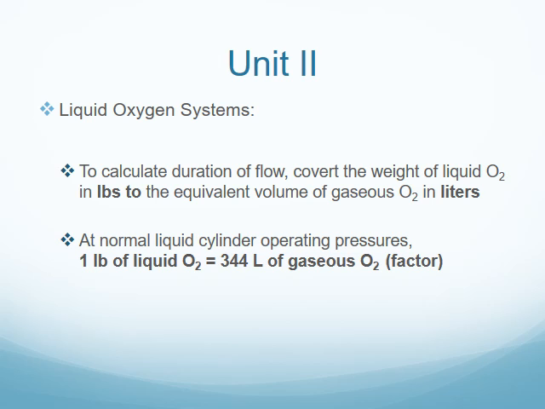First, to calculate the duration of flow, you're going to convert the weight of liquid O2 in pounds to the equivalent volume of gaseous O2, and change it to liters. At normal liquid cylinder operating pressure, 1 pound of liquid O2 is equal to 344 liters of gaseous O2, and that's the factor you're going to use to do your calculation.